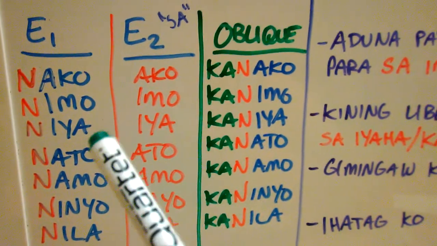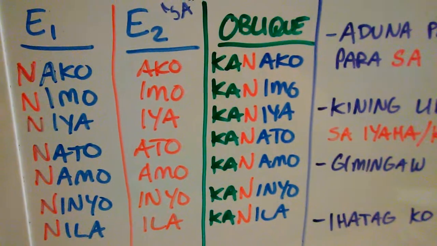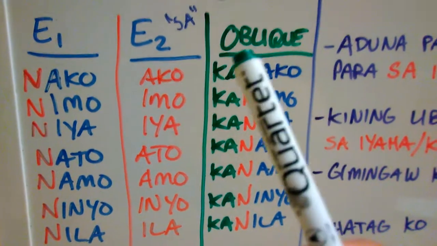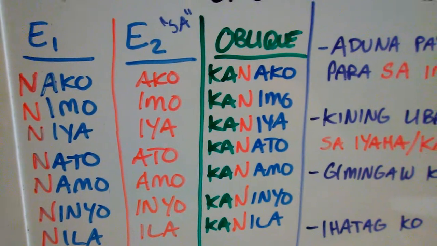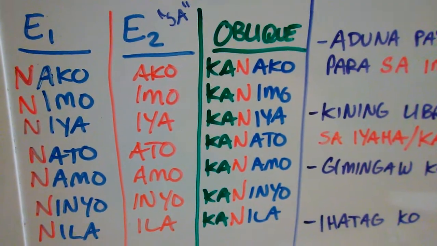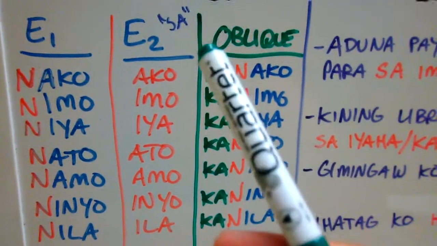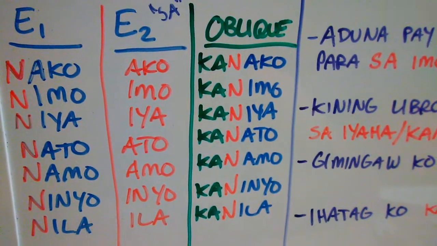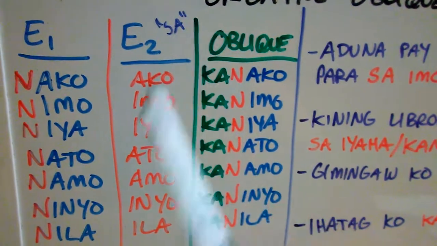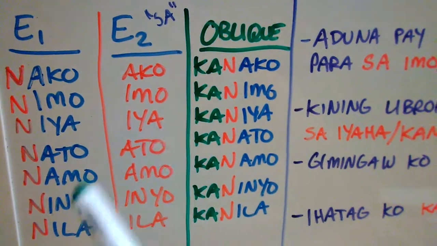Sa ako, sa imo ha, sa iya ha. So bear in mind that I put that sa there just to keep that kind of pointer for you to memorize, because if we're talking about the ergative prefix, you're going to have the sa as a preposition, a pre-word, preceding it.